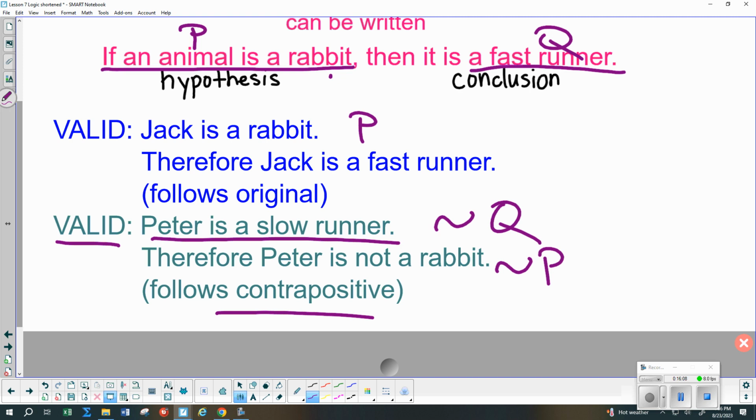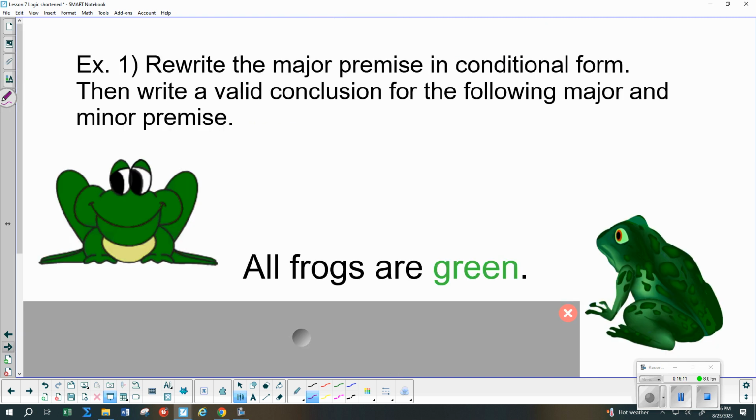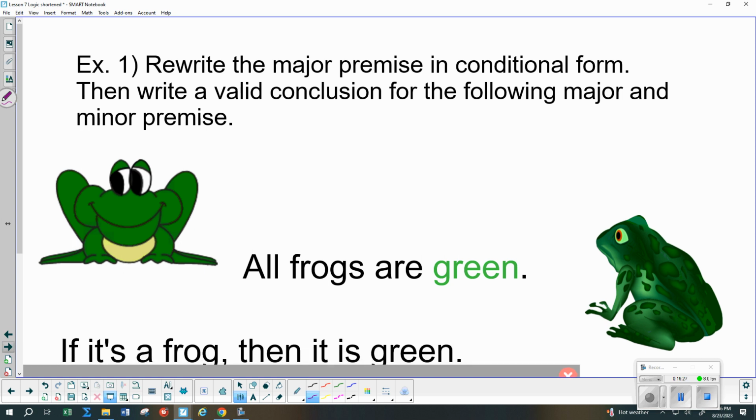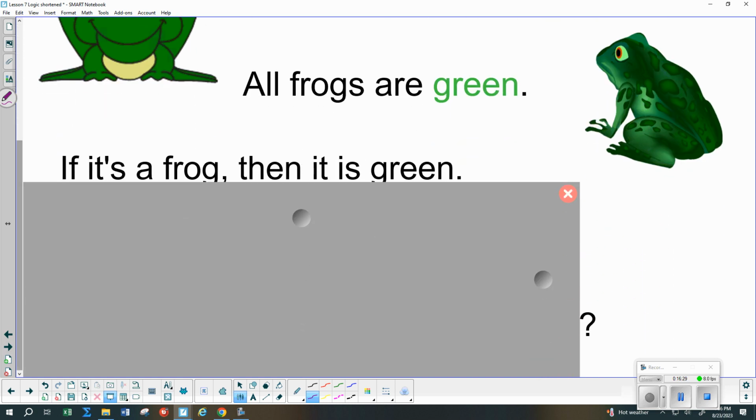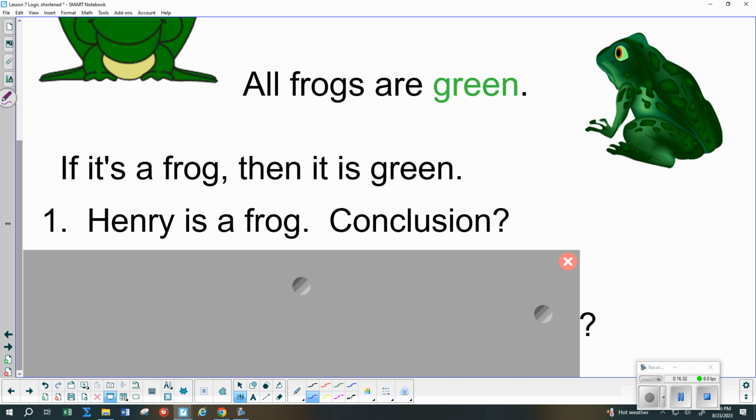Kind of starting to see what we're doing with these. Going to do a couple more. All frogs are green. We need to figure out what's if and what's then for that. So Julia, would you give me an if-then form of that sentence? So if it's a frog, then it's green. Henry is a frog. What does that match? We've got P here, Q here. Henry being a frog, does that match P or Q or not P or not Q?